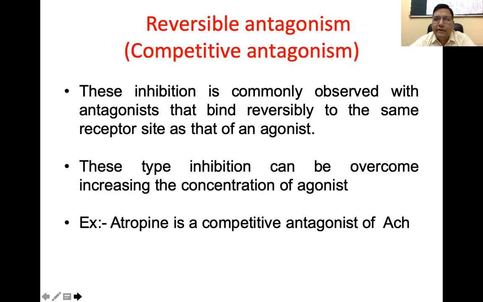Reversible or competitive antagonism means that this inhibition is commonly observed with antagonists that bind reversibly to the same receptor site as that of an agonist, and by increasing the level of the agonist, we are going to overcome it. That means it is reversible. This type of inhibition can be overcome by increasing the concentration of the agonist. Like atropine is a competitive antagonist for acetylcholine.